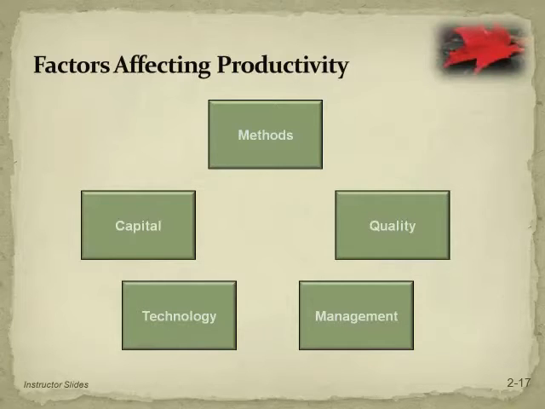In addition to that, the procedures and the methods that we use affect productivity. Whether or not our quality is good or bad affects productivity. If our quality is not good, that means that we are having to do rework to fix things, or we're having to scrap things that cannot be reworked, and so forth, the output is reduced. Technology has a big factor in productivity. And how much investment we make in capital also affects productivity.